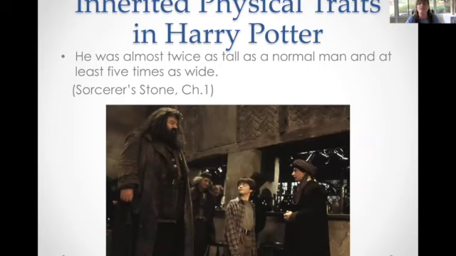That's Hagrid. He's an example of incomplete or blended traits. And I keep saying incomplete or blended because you can use either name. Incomplete is the one that will be on pretty much everything you see, but it's the same thing as blended, and we covered it last week in that lecture.